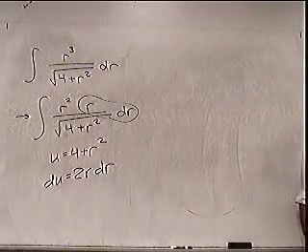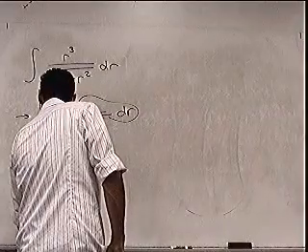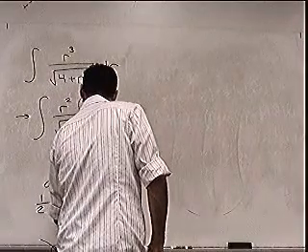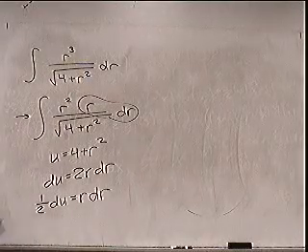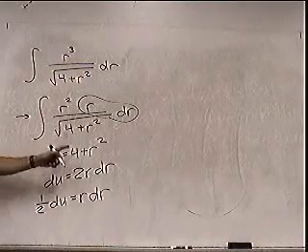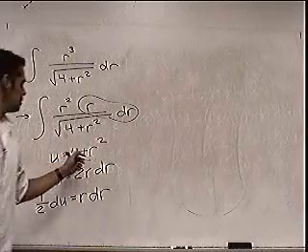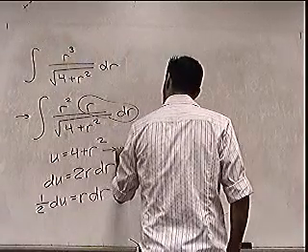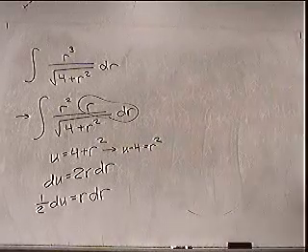But I don't have 2r dr, so I need to multiply by 1/2 on both sides. And then I'm going to need r squared, which I can take this and solve for r squared, which is u minus 4. You see all that?